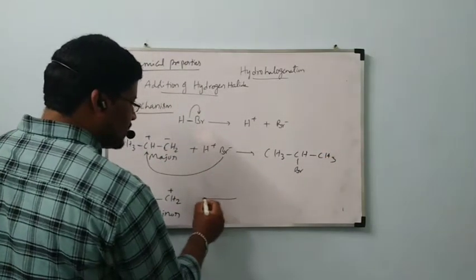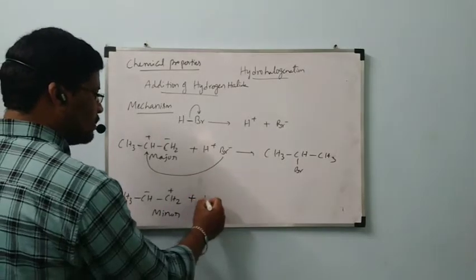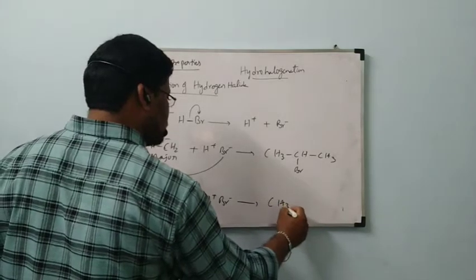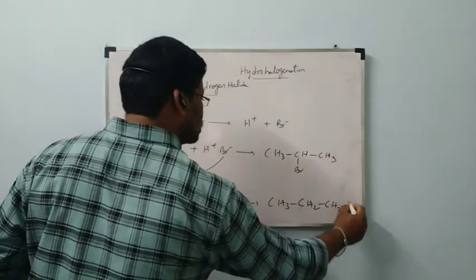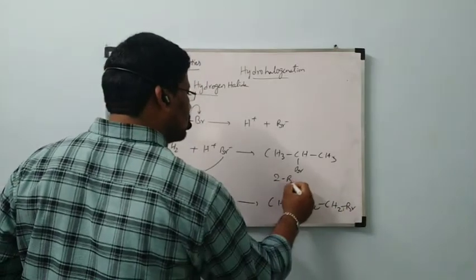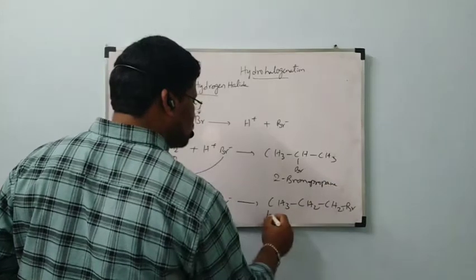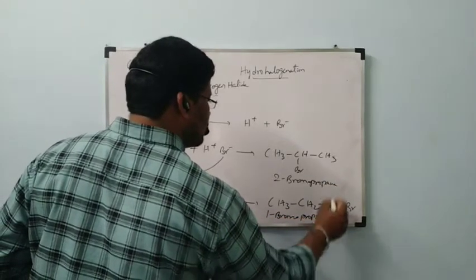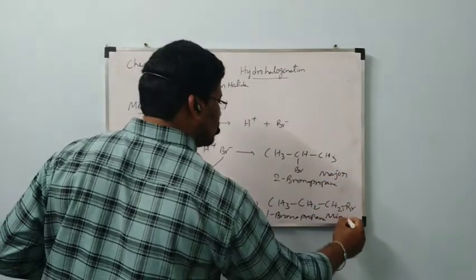This is going to react with HBr now, H plus Br minus, to form CH3 CH2 CH2Br. This is 2-bromopropane, this is 1-bromopropane. This is the major product and this is the minor product.